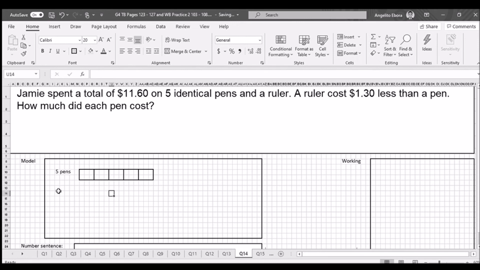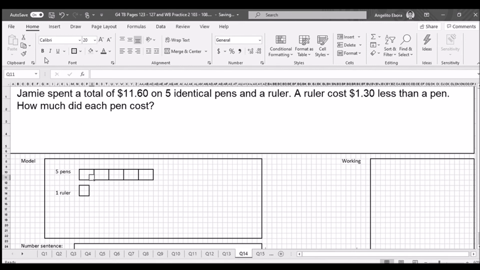A ruler, or one ruler, is $1.30 less than a pen. It's less than, it's not the price of the ruler. So let's say this is the pen, this is the ruler, and its price is less than, right? So this much, this part.